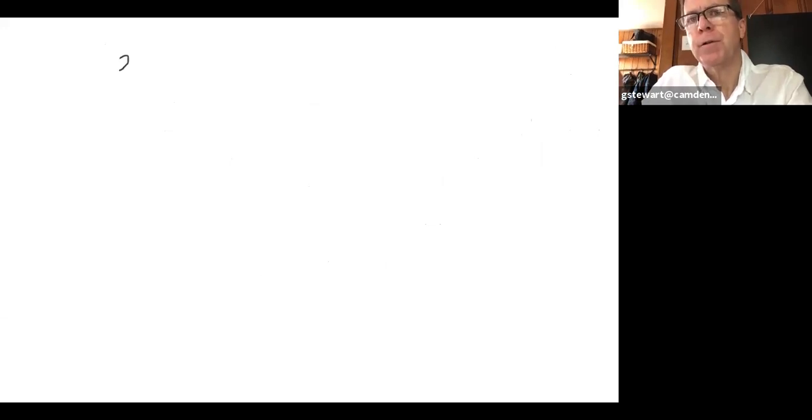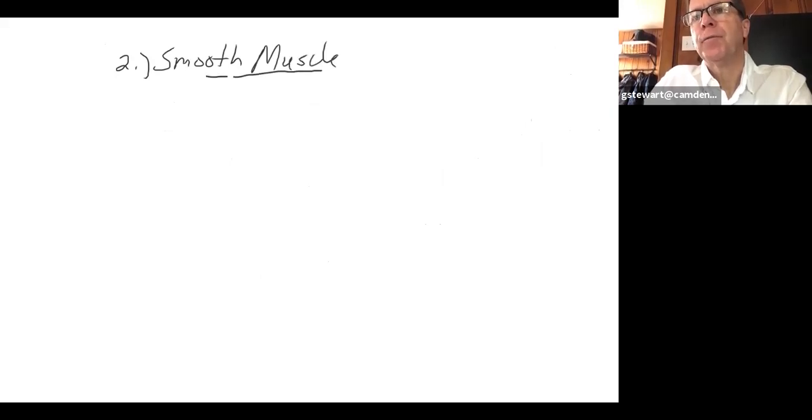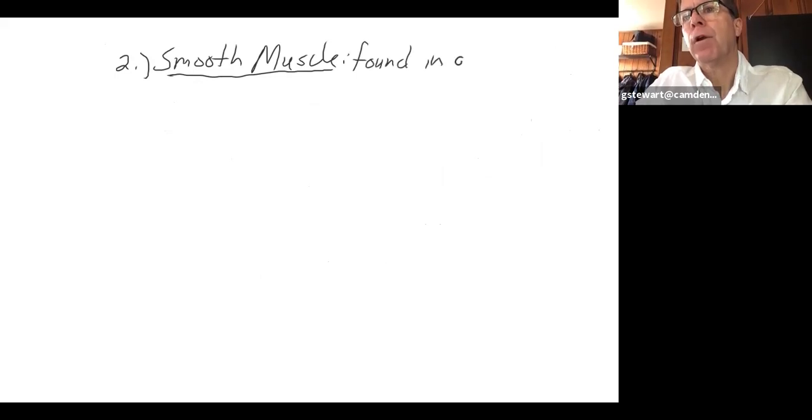I'm going to write number 2. Smooth muscle is the second type of muscular tissue. Smooth muscle is found, located in organ walls and vessel walls.